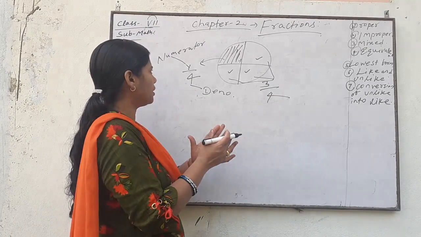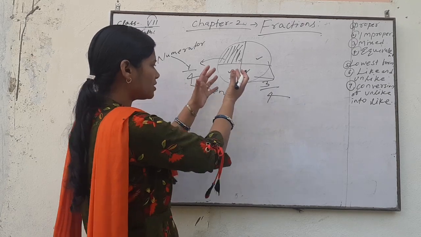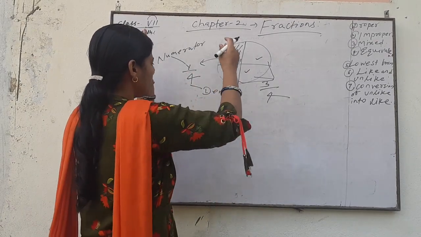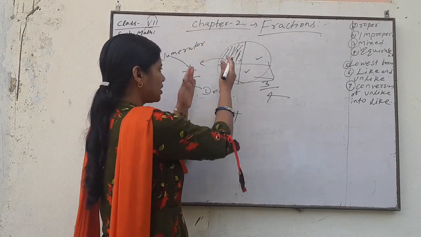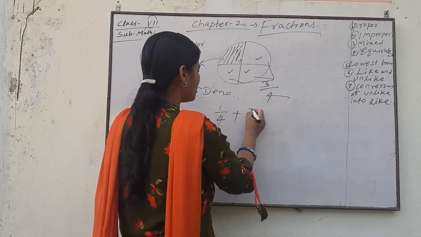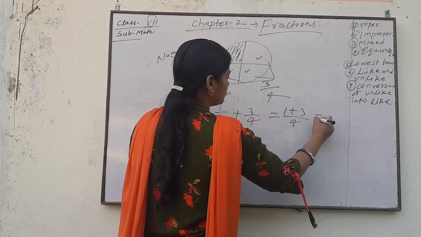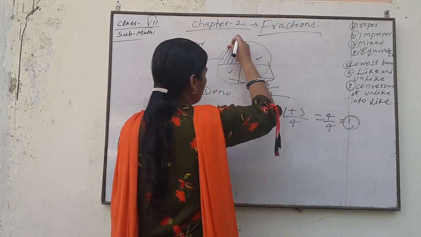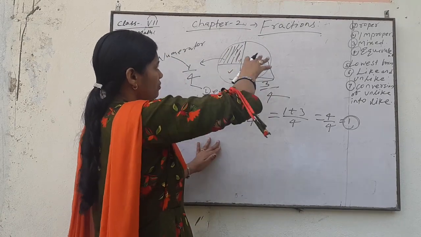So if you combine your shaded part and unshaded part, your whole, that is 1. Your sum of shaded and unshaded part is what? This is your 1. So 1 is your whole. So this is the definition of fraction.